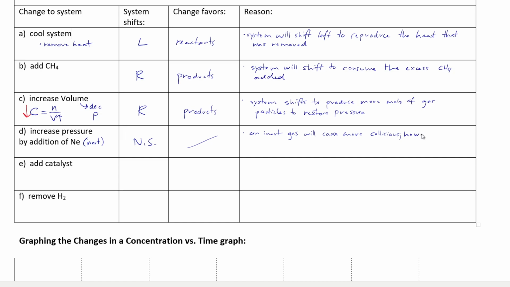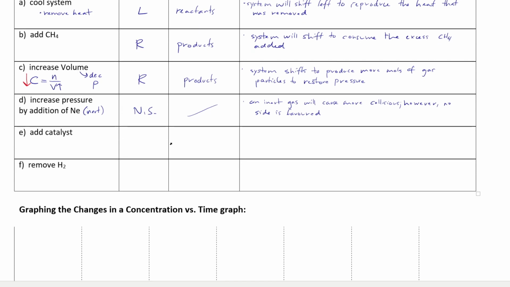However, no side is favored. So this will have no effect on the equilibrium system, especially since it is a gas system. If you add a catalyst, again, as we saw in the previous page, this will have no effect, right?